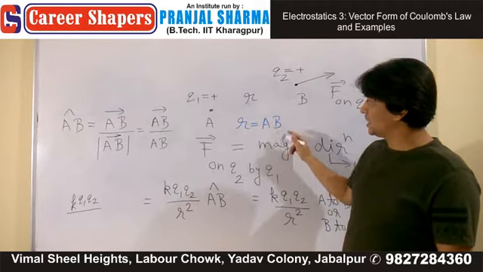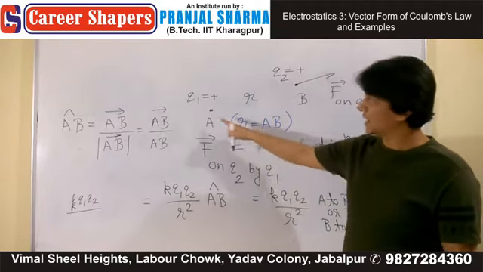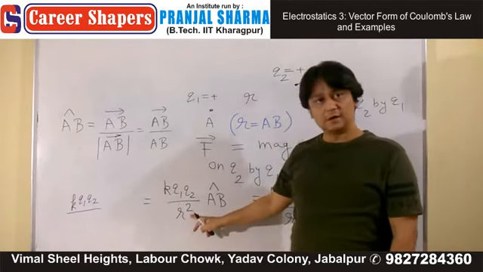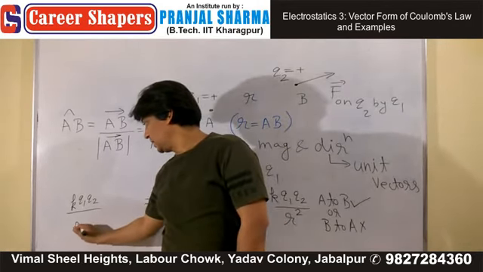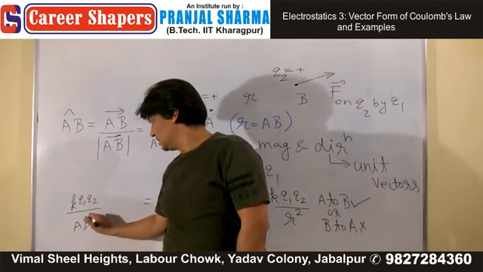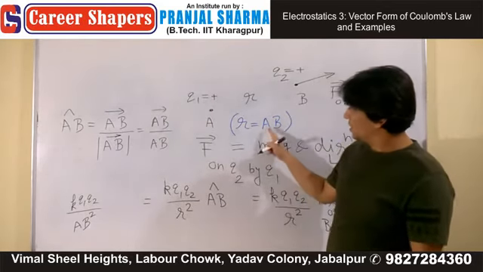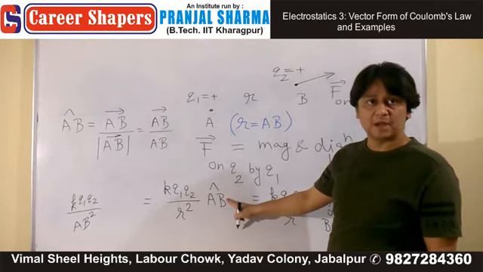Small r is what? AB. And therefore, this r square can be written as AB square, multiplied by AB cap.